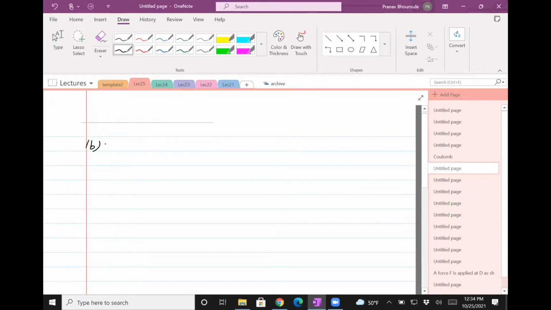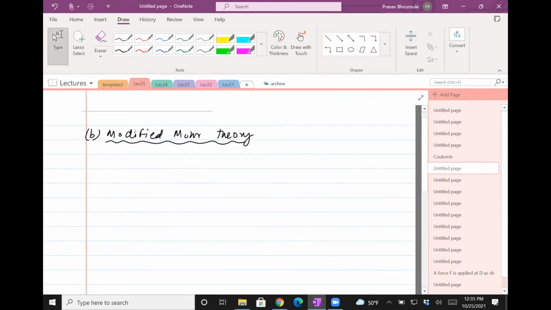So B is the modified Mohr theory. I'm just going to put the equations down because it comes from basically curve fitting.